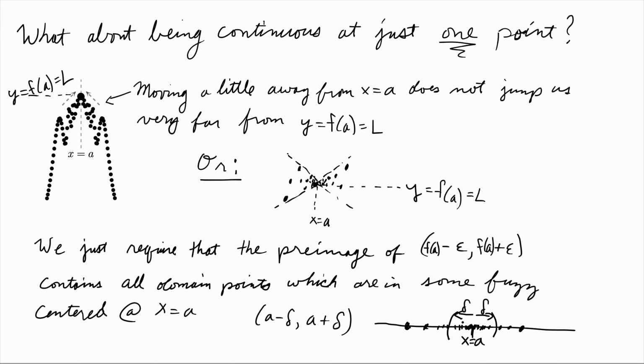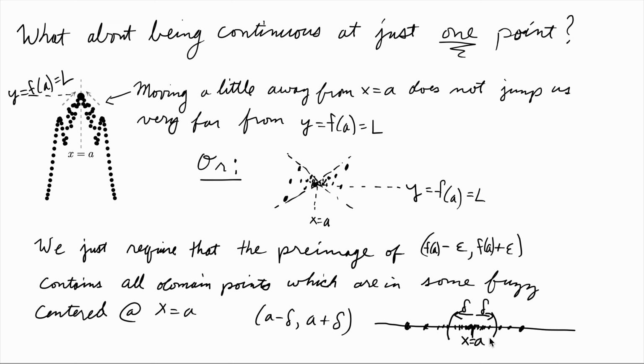What we want is that a fuzzy spot in the domain is just the points inside of a fuzzy spot on the x-axis, like an intersection of the fuzzy spot and the domain. Take a look at this. These points are in a fuzzy spot centered at x equals A, going that way and that way. We're going to call that fuzz in the domain.